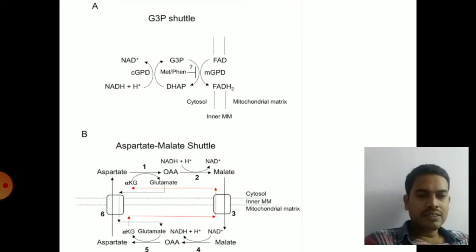In glycolysis, we have two NADH2 that are formed in the payoff phase, where ATP is formed by substrate level phosphorylation. Along with ATP, NADH2 is also formed, and that NADH2 is lying in the cytosol, not in the mitochondria. Glycolysis takes place in the cytosol, and the NADH2 that is formed is also present in the cytosol. But the electron transport chain is present in the mitochondria.